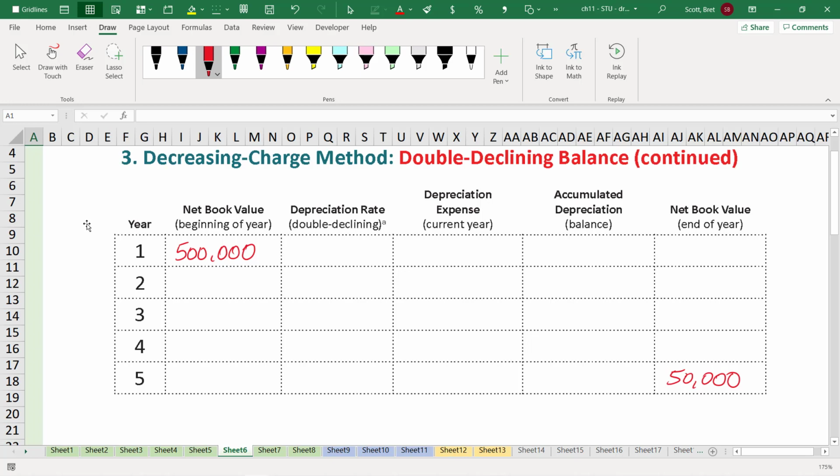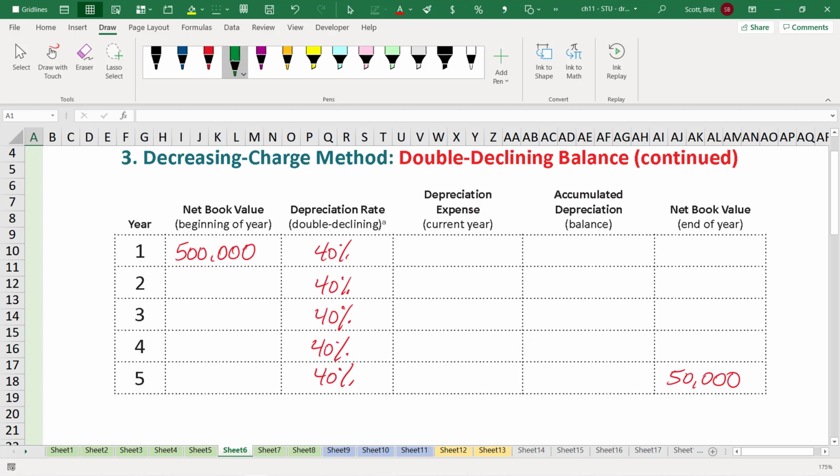The depreciation rate that we're going to use is 40%. So you can go ahead and fill that in. It's twice the straight line rate. Now, once you get that going, the rest is pretty much just automatic. You're just going to go line by line and fill this out.